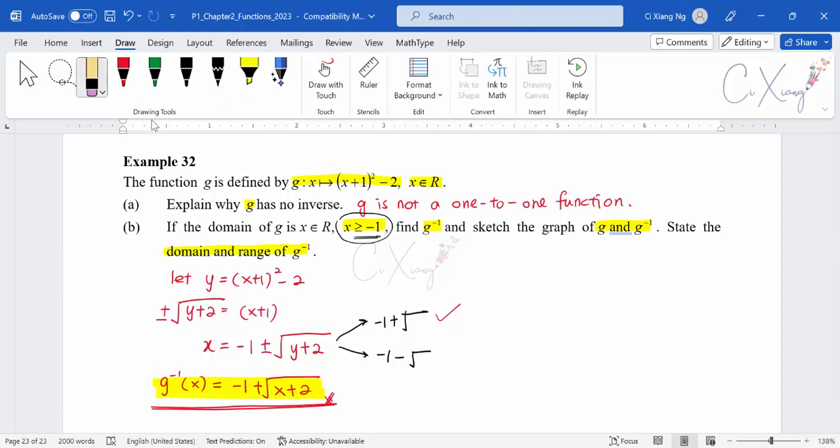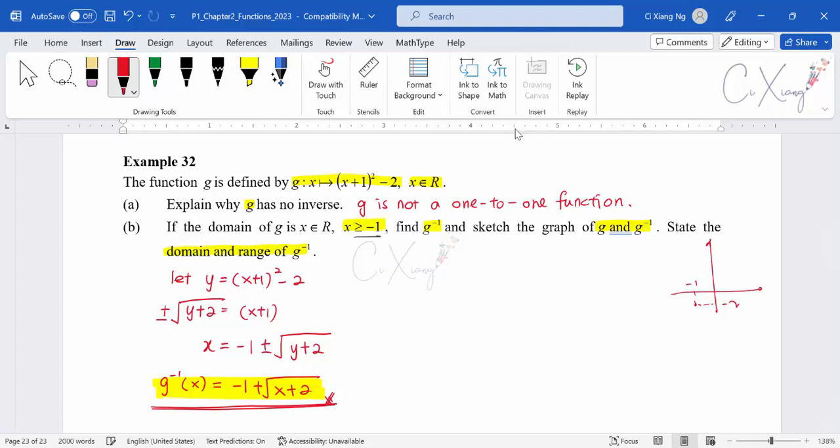And next, they want us to sketch the graph of the inverse function and also the original function. Before I start sketching, I want to do a simple sketch first. I know that my g has its minimum point at (-1, -2). So this is -1, this is -2, and it will be a U shape.